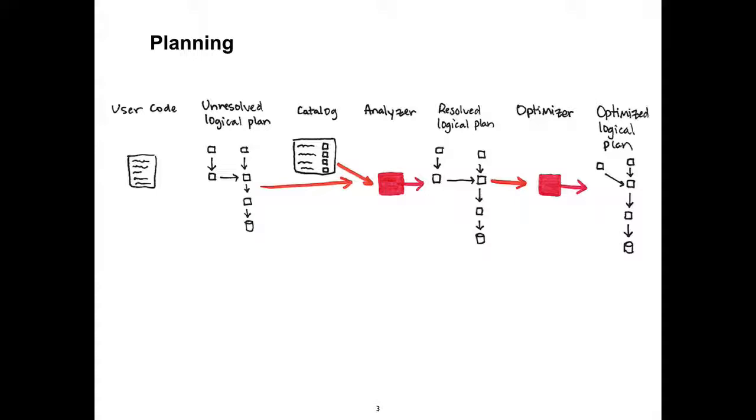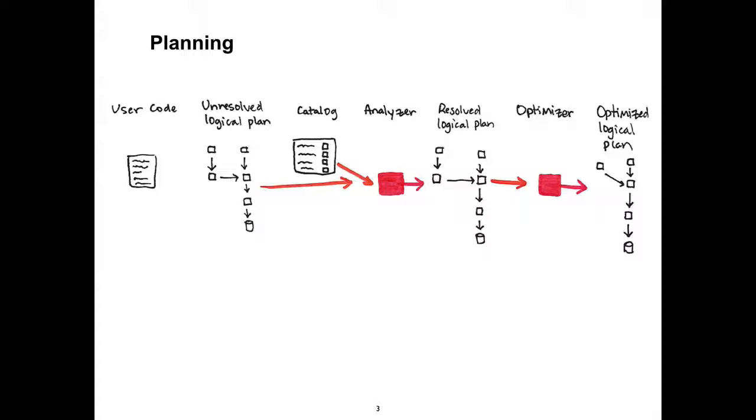One of the differences between RDDs and data sets is this whole idea of planning. So when you have a data set or a data frame, Spark goes through this whole process of planning. It takes your user code and converts it into an abstract syntax tree, creates a logical plan, what they call an unresolved logical plan. The catalog is just basically the schemas that you have around in all your data sets and data frames.